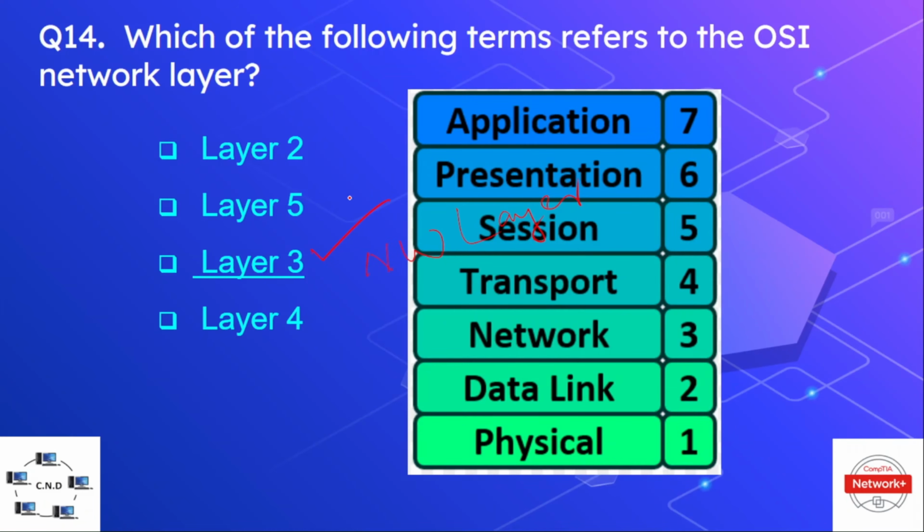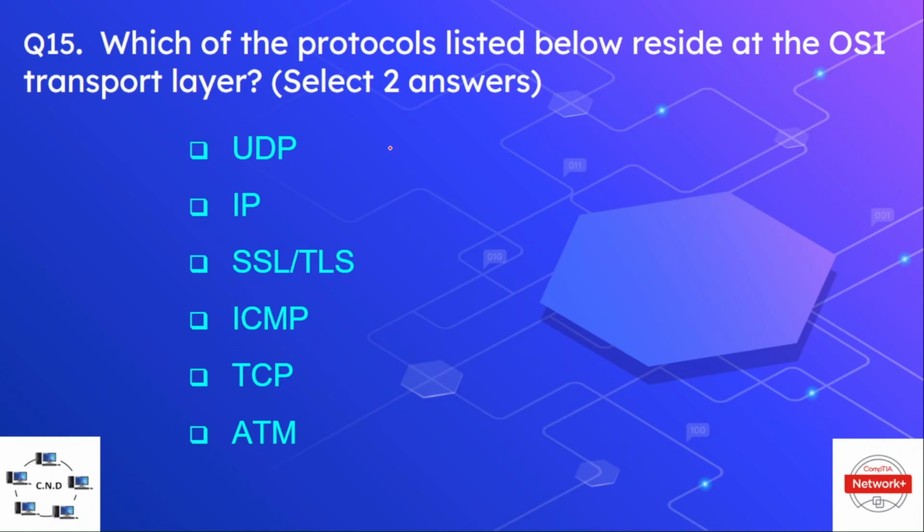So let's get to the next question, question number 15: which of the protocols listed below reside at the OSI transport layer? And we have to select 2 answers, and the options are UDP, IP, SSL/TLS, ICMP, TCP, and ATM.